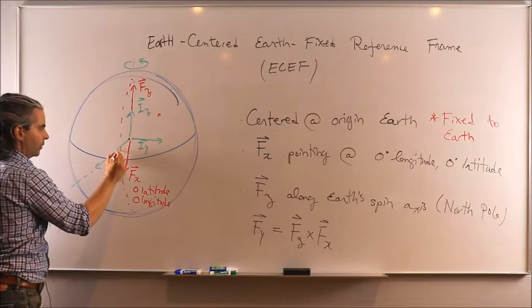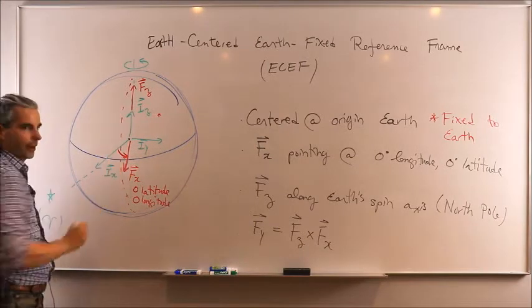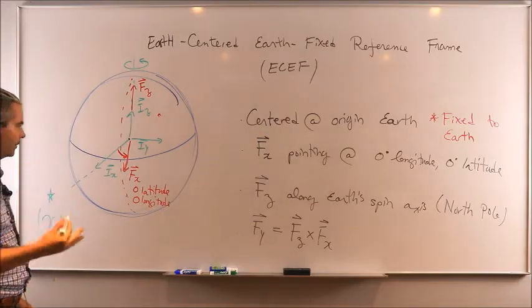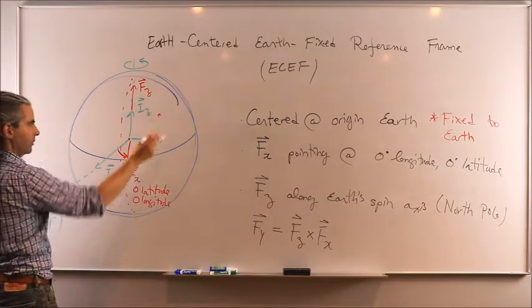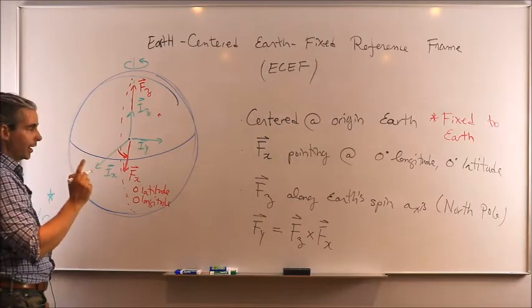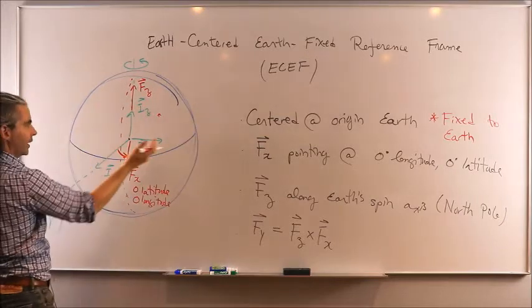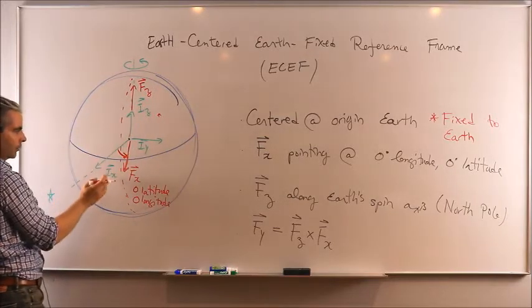So the angle between Ix and Fx is time varying. At some time in the future, Fx will become equal to Ix. It is actually equal to Ix once per day. And then the day after, completing one full revolution, Fx will again be equal to Ix, and so on and so on.